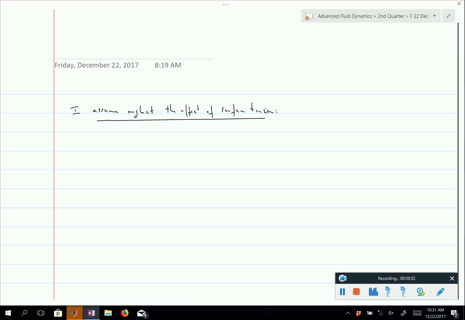Remember, the capillary length is about 3 millimeters. So any wave that has a wavelength larger than that, say on the order of a centimeter or on the order of a meter, the wave will be much larger than the capillary length, and therefore you assume that the effect of surface tension is going to be negligible as compared to the effect of gravity. So let's first neglect the effect of surface tension.